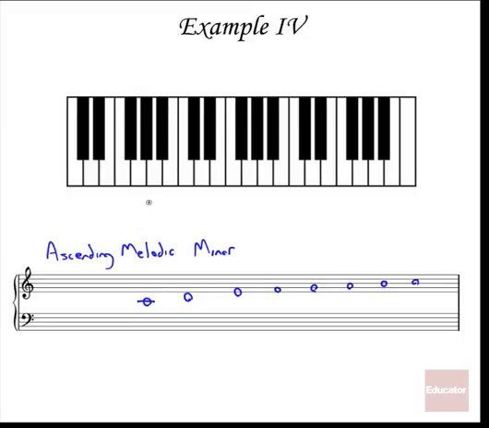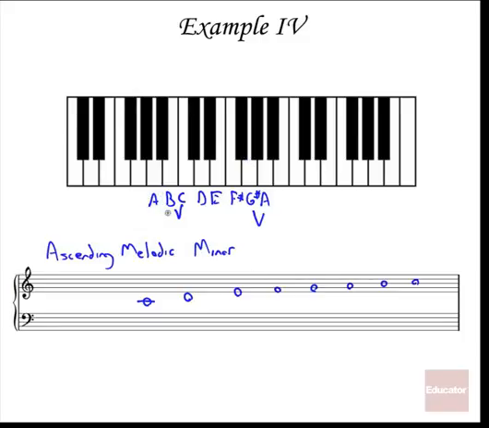So we know that from A to A is natural minor, and for a melodic minor, we need to raise the last two notes of the scale. So these can all stay white keys. And now here, these last two notes, the F and the G, become F sharp and G sharp, which means that there's the half step here, and now there's no half step until we get to the G sharp and A.